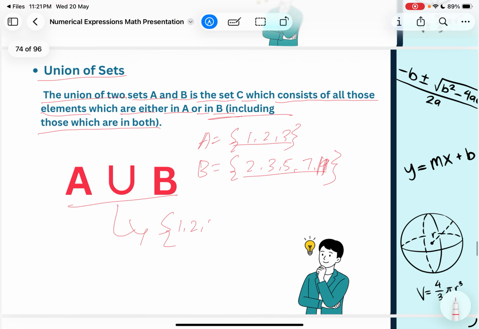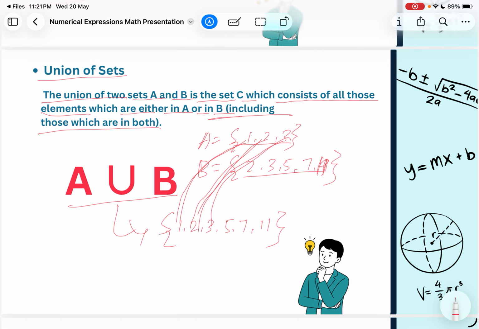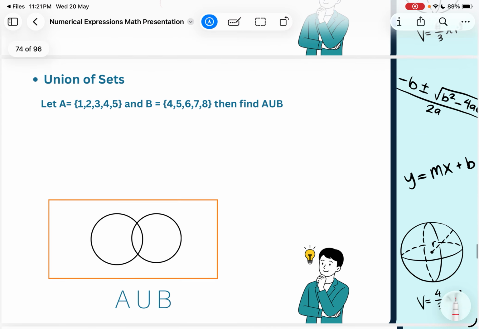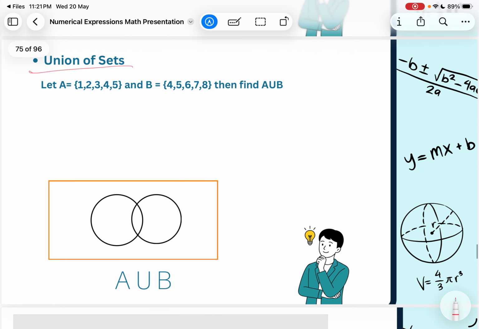So we will start with 1, 2, 3, then 5, 7 and 11. You can see 1, 2, 3 are here, 2, 3, 5, 7 and 11 are here. So this is our union of sets, A union B.